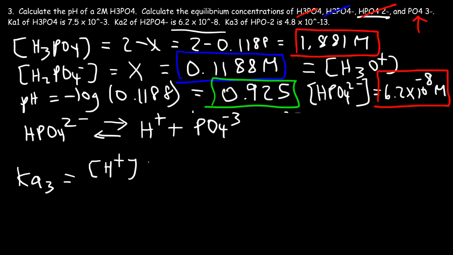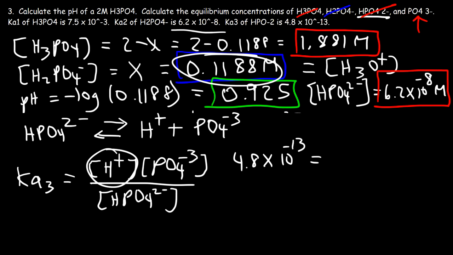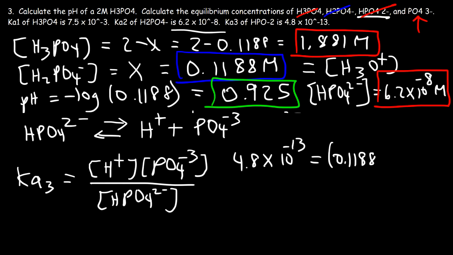So it's H plus times phosphate divided by hydrogen phosphate. So Ka3 is 4.8 times 10 to the minus 13. And H plus is the value of x, which is 0.1188. Now our goal is to calculate the phosphate concentration, and we now have HPO4 2 minus, which is this number.